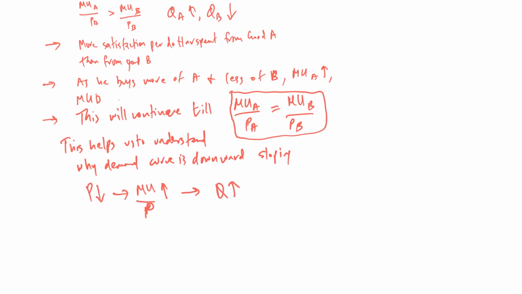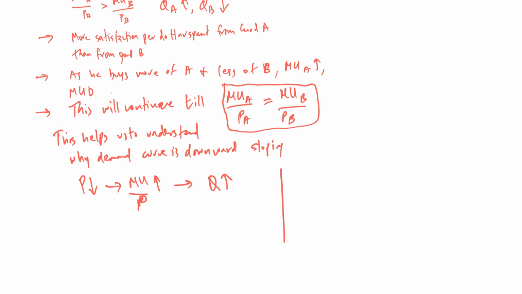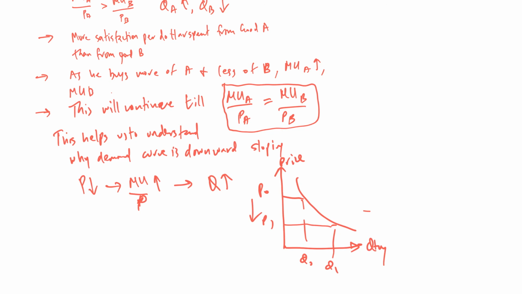And that would explain simply why when the price goes down, we buy more of that good, because it's the marginal utility per dollar spent that goes up, and you are doing this because you want to maximize your utility from your limited budget. Okay, so that's your answer for this question.